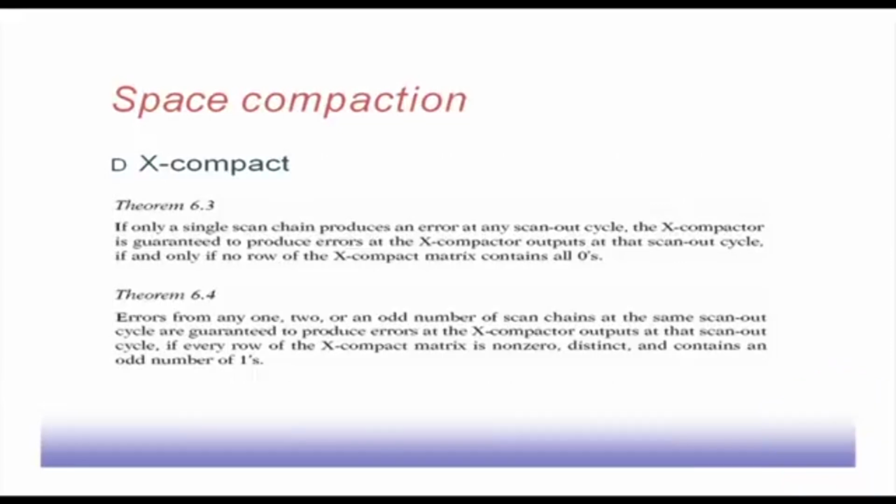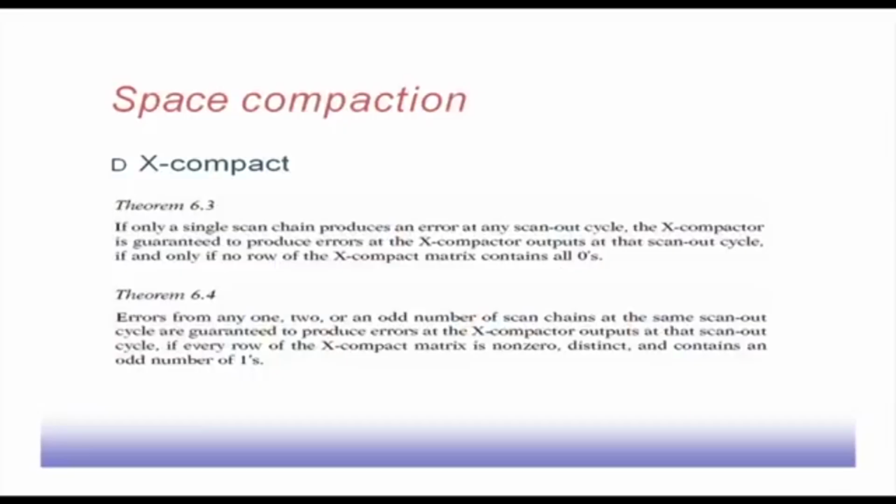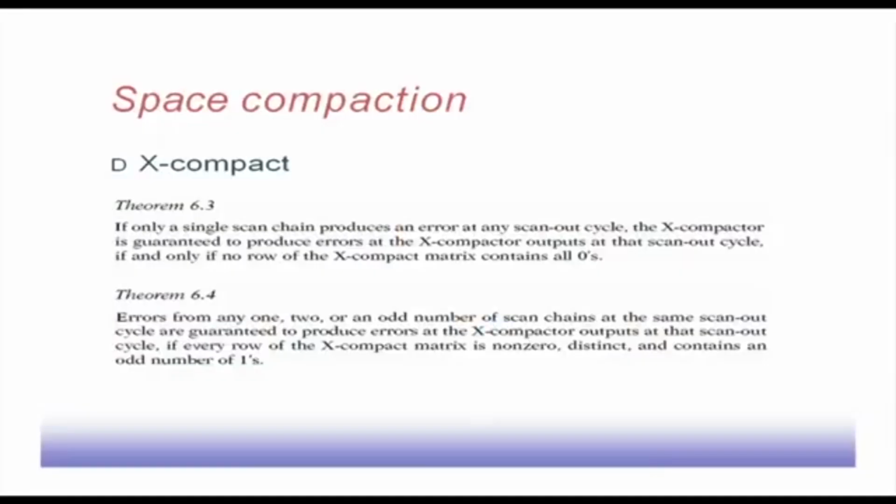So, we can construct this network. Of course, there are catches, like if there are an even number of chains faulty, then none of these results tell anything. Okay. So, if there are an even number of faults, then of course, we cannot do anything. But it is very much likely that if some test pattern creates an even number of errors, then there may be some other test pattern which will detect it at an odd number of scan chains, odd number of outputs for the circuit under test.